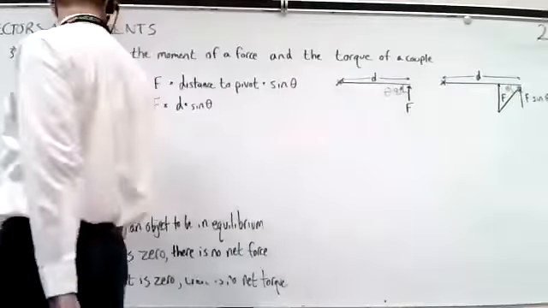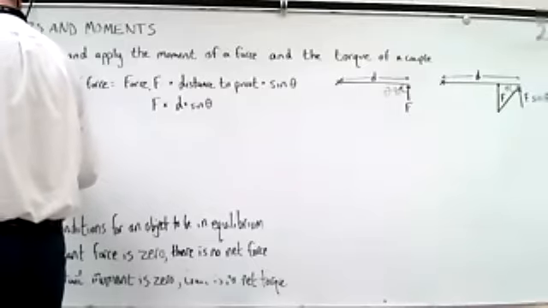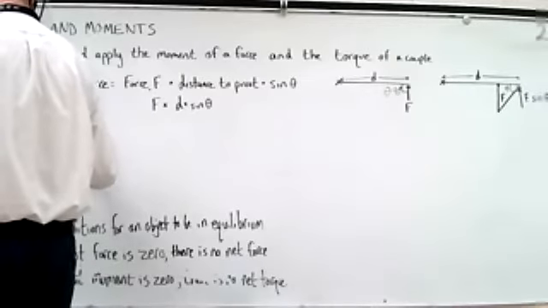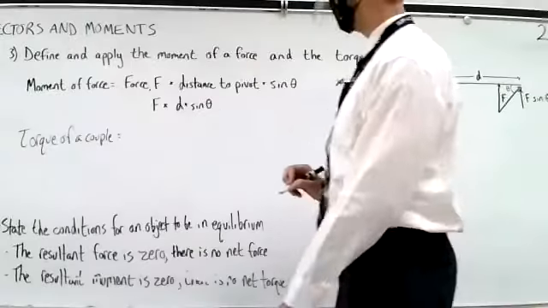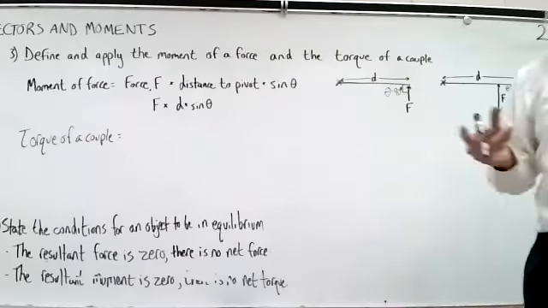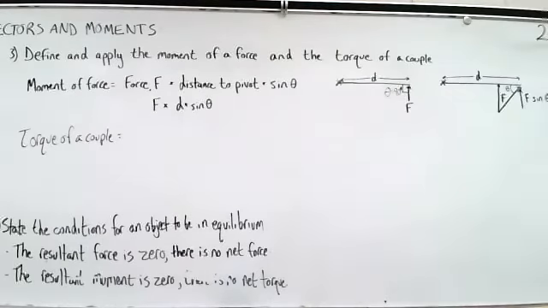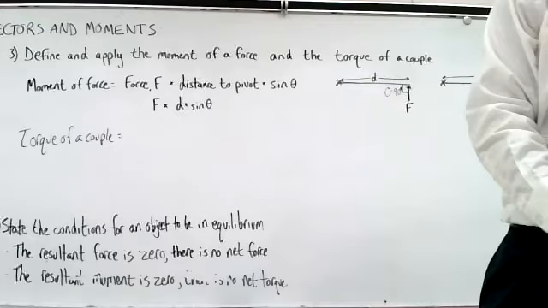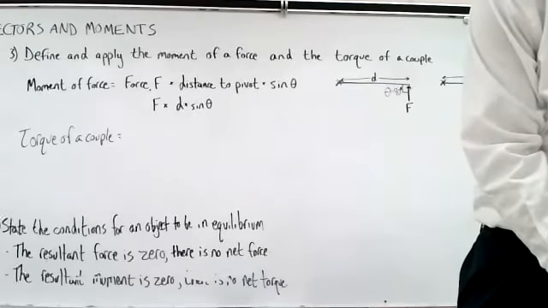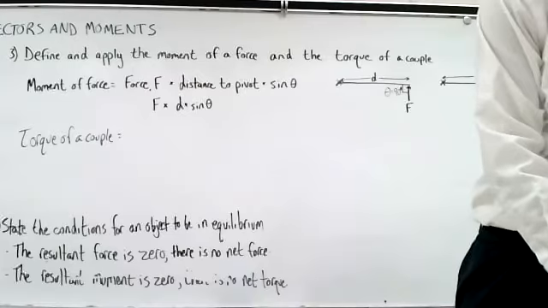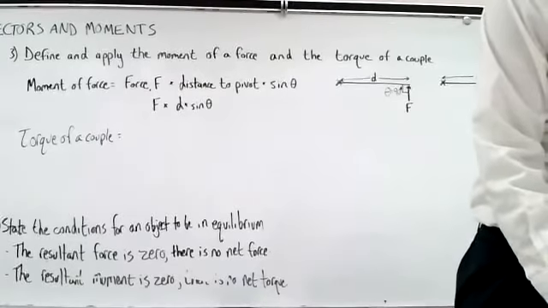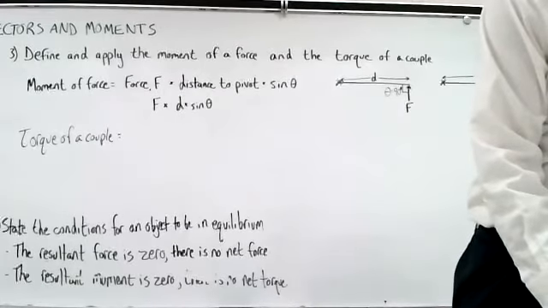How about torque of a couple? Torque of a couple is... what is the torque of a couple? I feel like we need another good textbook definition. Because it kind of helps us think about it, the torque of a couple is when we've got identical forces parallel and opposite, right?